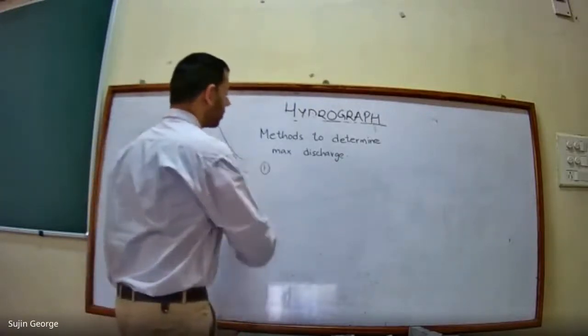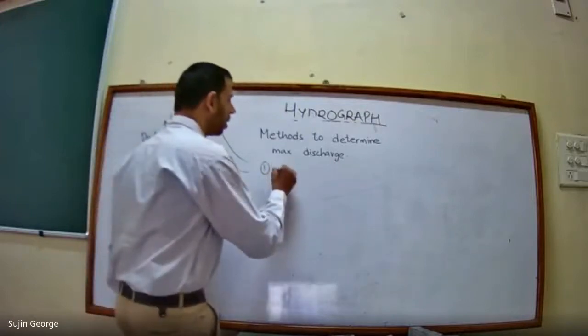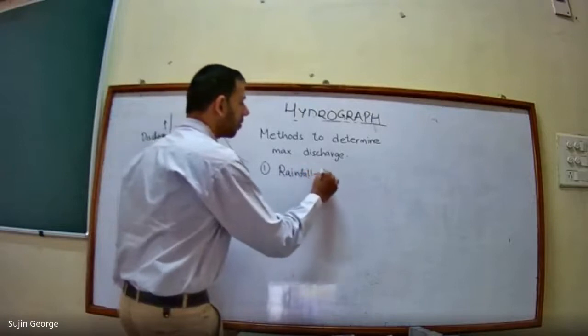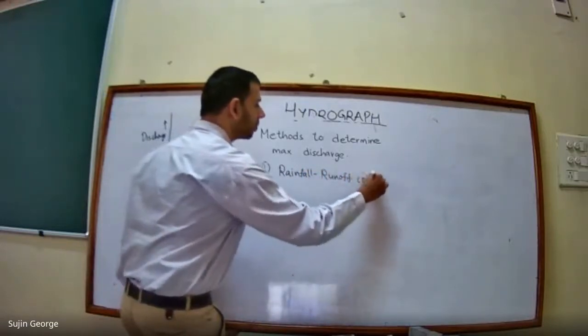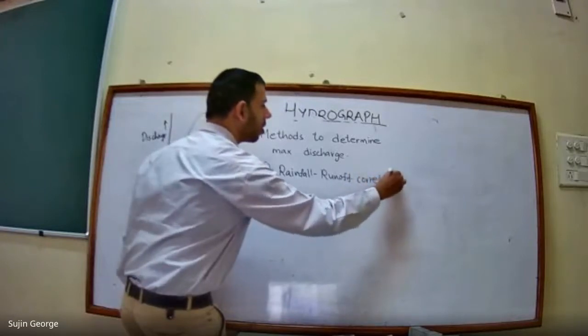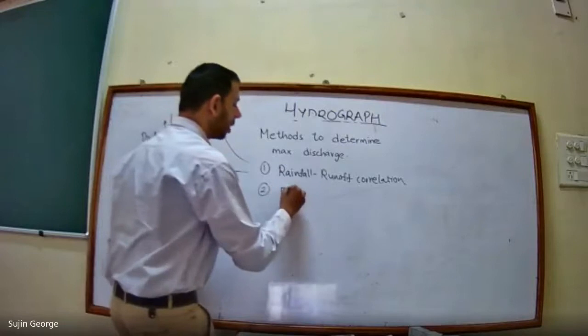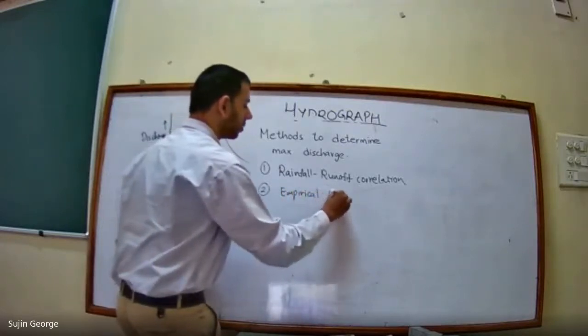Now in this case, the several methods are, like I have told you before, the rainfall run-off correlation. Second is the empirical formulae.